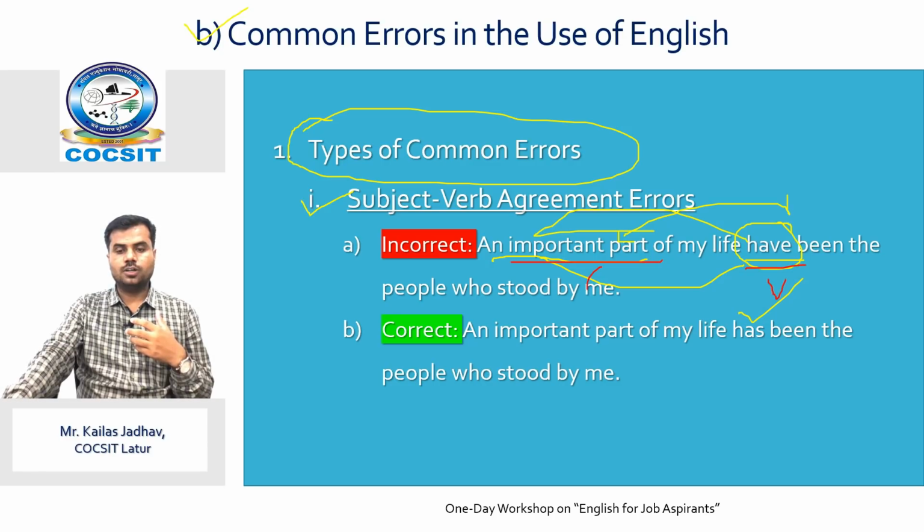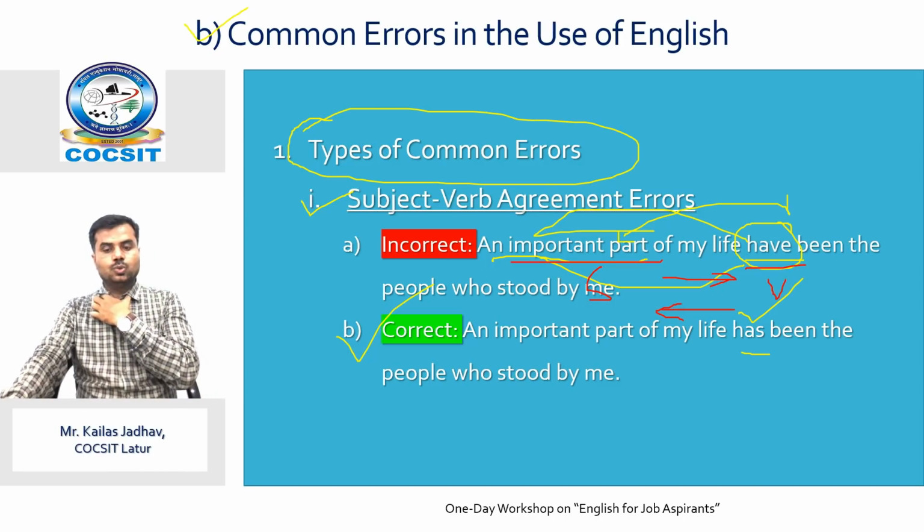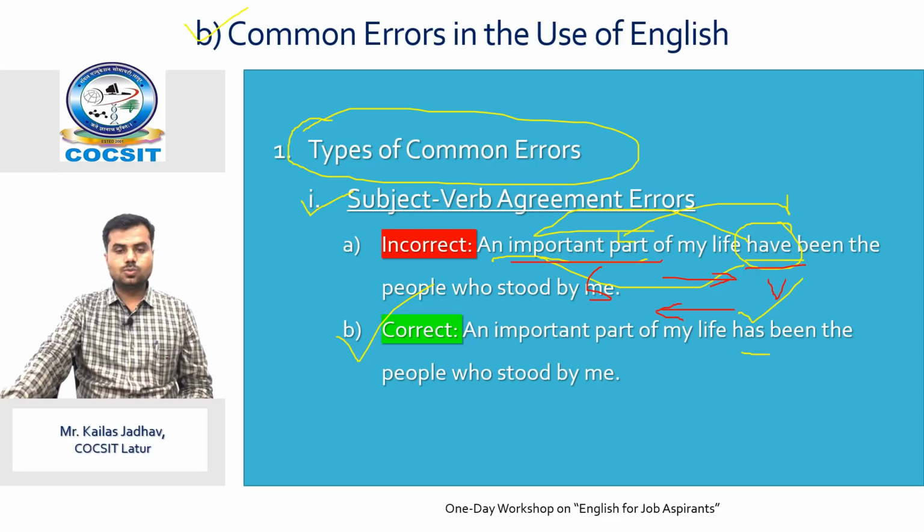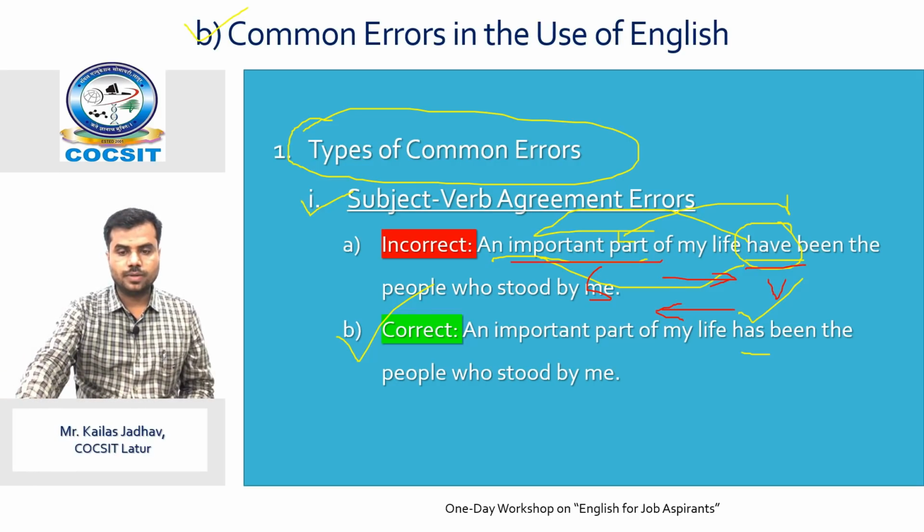So subject and verb should mutually agree. So this sentence is correct: An important part of my life has been the people who stood by me. This is the type of common error based on subject verb agreement.